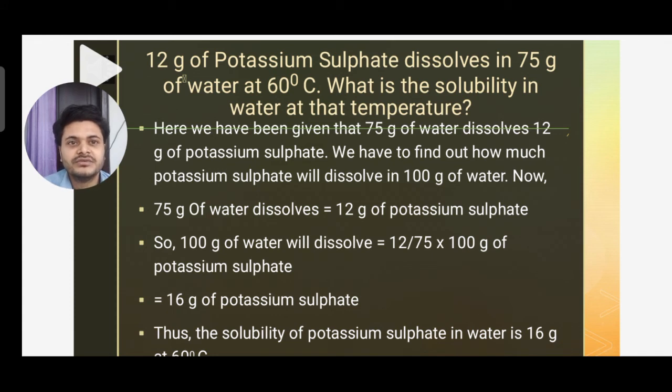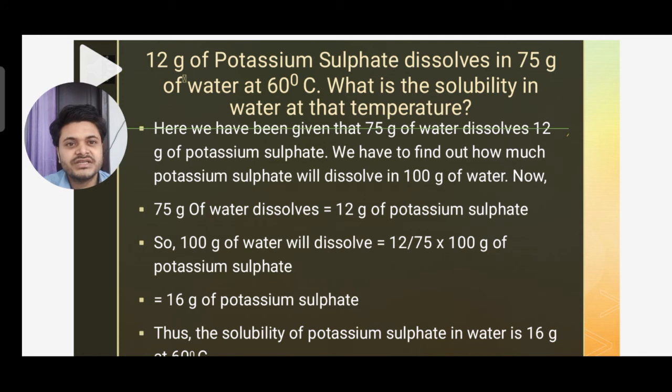Here we have been given that 75 gram of water dissolves 12 gram of potassium sulfate. We have to find out how much potassium sulfate will dissolve in 100 gram of water. So 75 gram of water dissolves 12 gram of potassium sulfate.